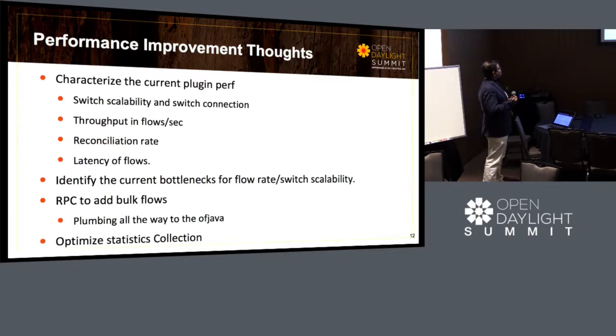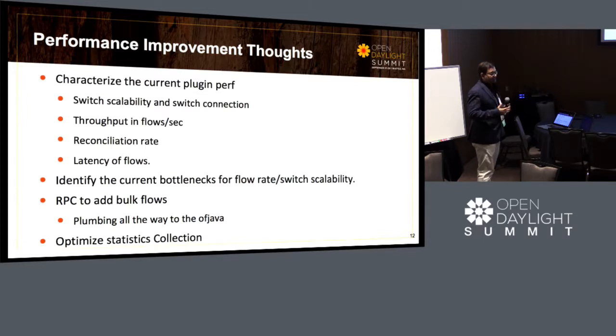So characterize the performance in terms of switch scalability: how many switches a single plugin instance can scale to, in a single instance or in a cluster, and switch connection stability. We did some tests internally, and for the Helium plugin, it's good till 210, 240, but the Lithium numbers aren't that good. So that is one area that we need to look into.